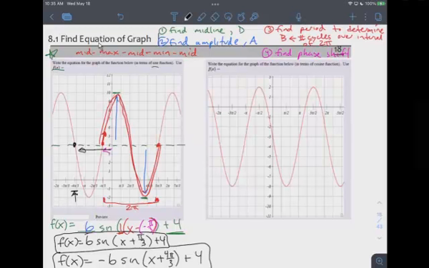And now, we could also represent this graph as a cosine function. I'm not going to do it here, but when you're given these, you can use either sine or cosine. This one specifically asks for sine, so it's looking for that form. But if it doesn't say, if it just says write the equation of this graph, then you can use either sine or cosine.